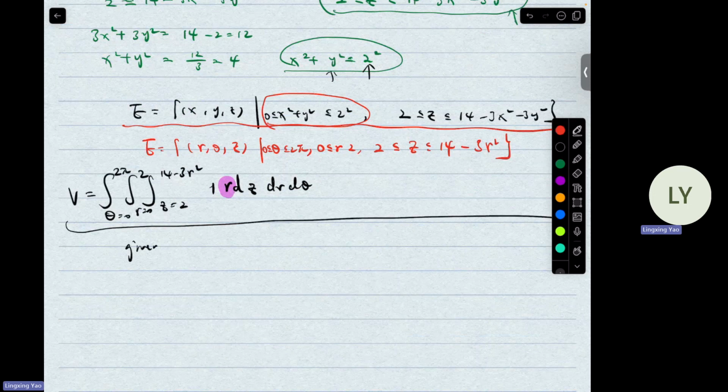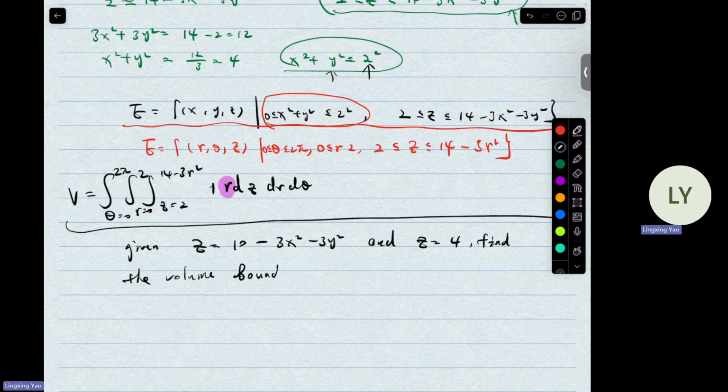So given the surface z equals, for example, 10 minus 3x squared minus 3y squared, and z equals 4, for example, find the volume bounded by the two surfaces, the paraboloid and the plane.